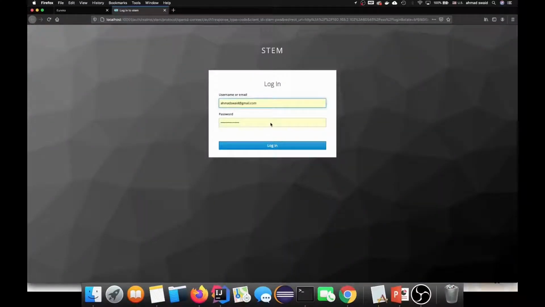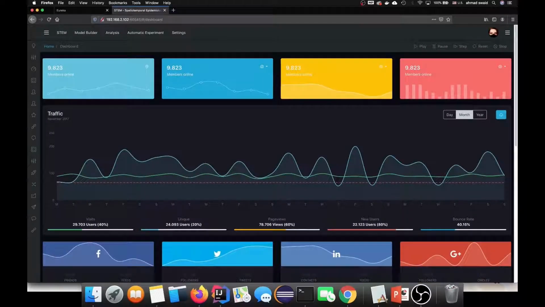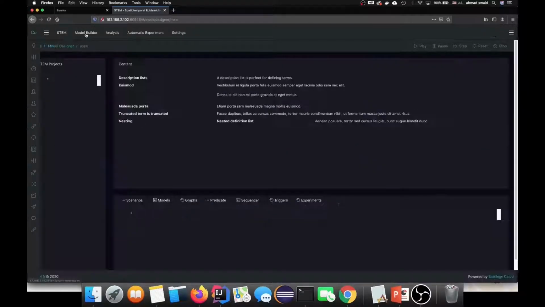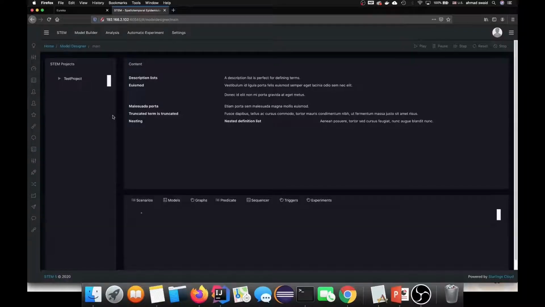then I have to authenticate myself. And here we are. This is the dashboard of STEM. If we go to the model builder, you can see that we have already some projects defined here.